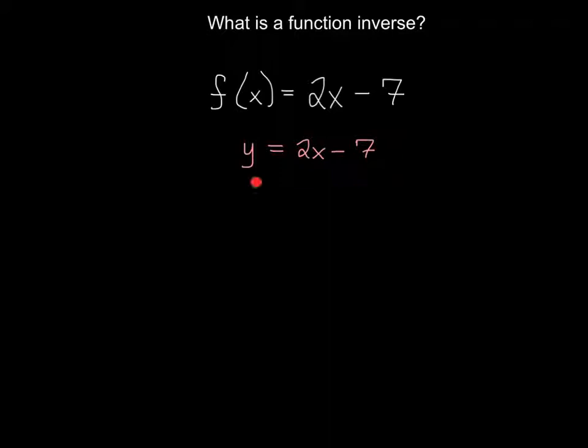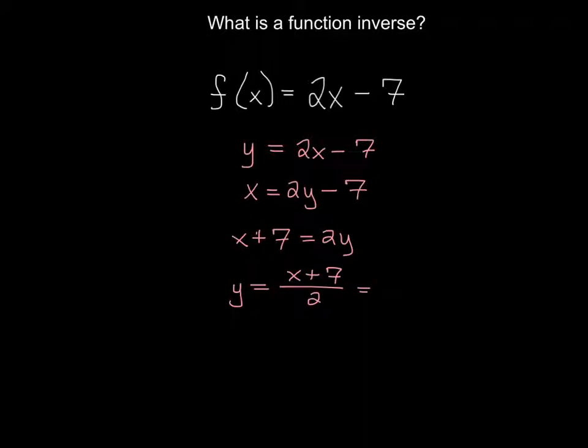We would say x is 2y minus 7. Solve that for y. We get x plus 7 is 2y. So we get y is x plus 7 over 2. And the notation there is f to the negative first power, that's f inverse of x.